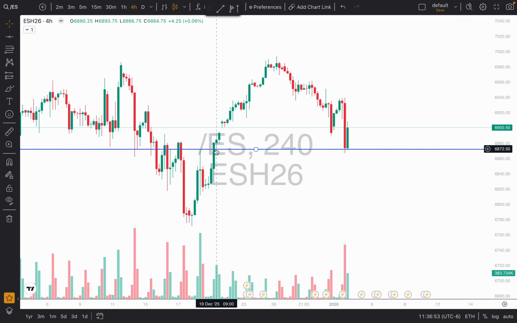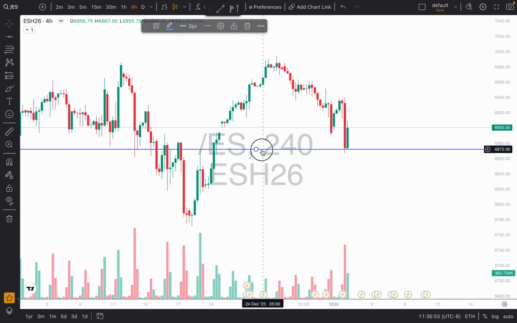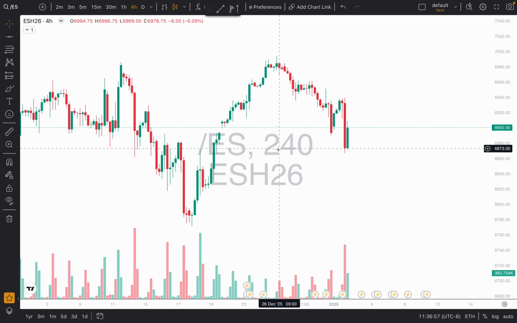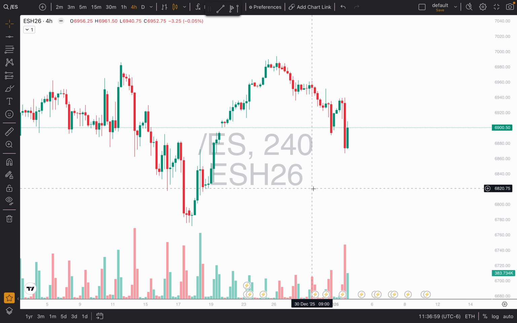And the same goes for uptrends. In an uptrend, it is a reversal whenever price closes below the previous swing low, right?